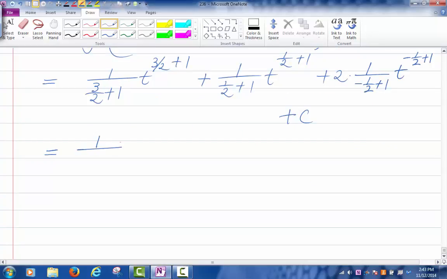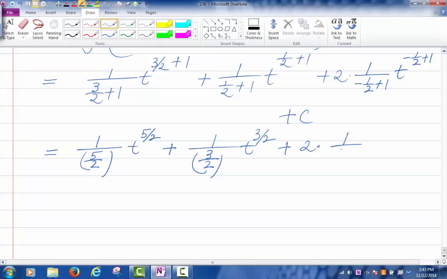I have 1 over 3 plus 2, 5 half t to the 5 half, plus 1 over 3 half t to the 3 half, plus 2 times 1 over half times t to the half, plus a c.